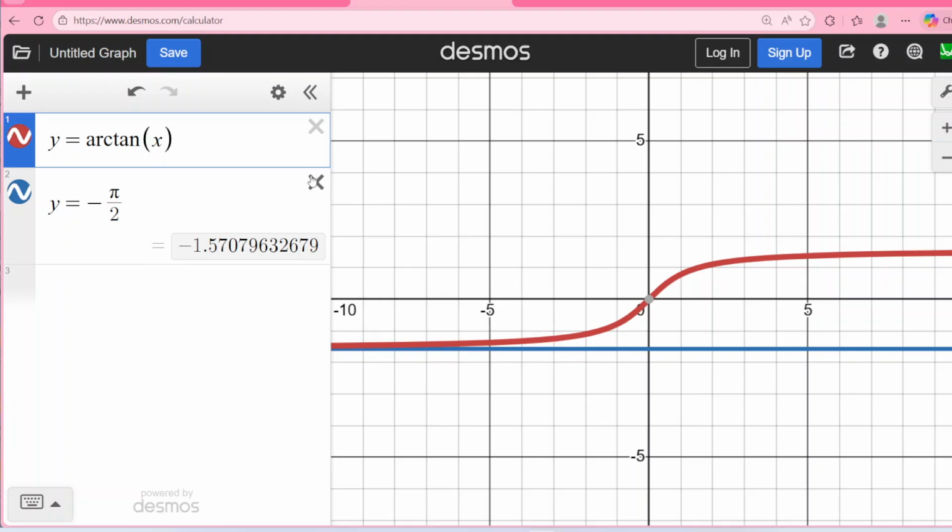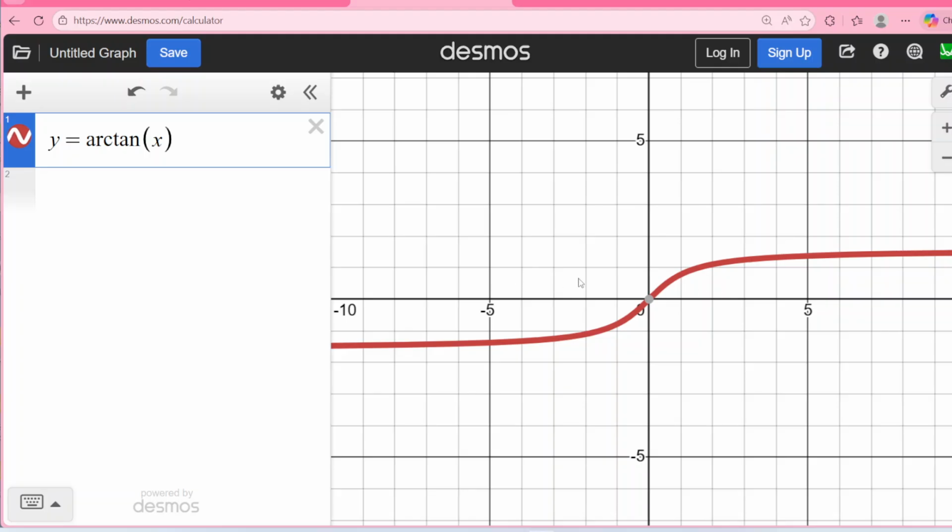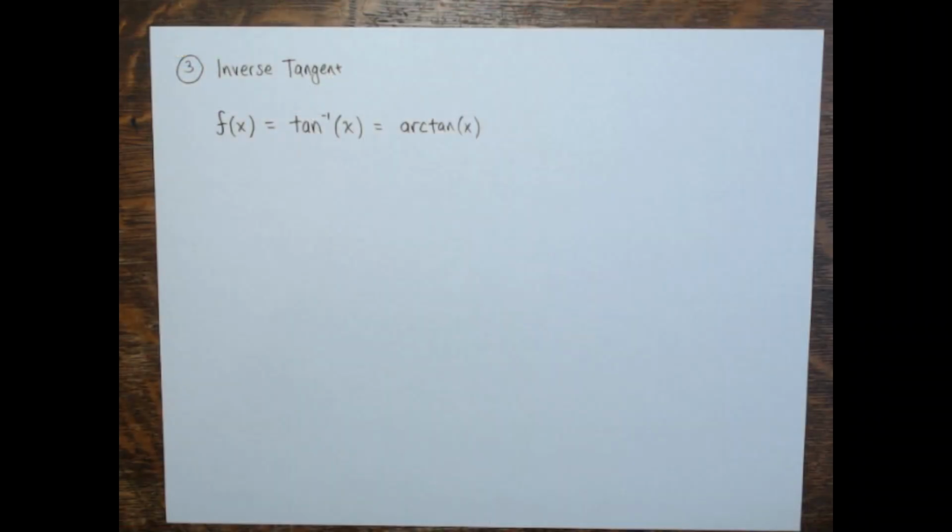So the domain is all real numbers. The range is from negative pi over 2 to pi over 2, but not including negative pi over 2 and pi over 2. So when I go to draw angle measures later, it's going to be on the right half of the plane again, right, from negative pi over 2 to pi over 2 radians.